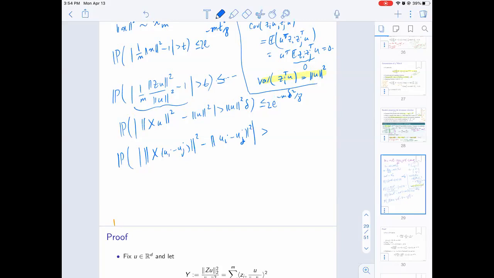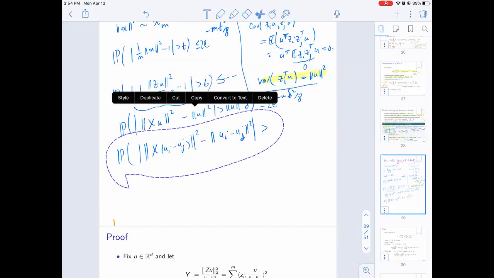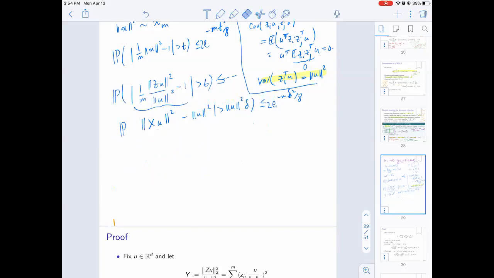Maybe I should have kept it that way, that would have been easier. Let's just keep it that way instead of writing everything. So I get this divided by norm of u squared minus 1 bigger than delta. This probability is less than that.